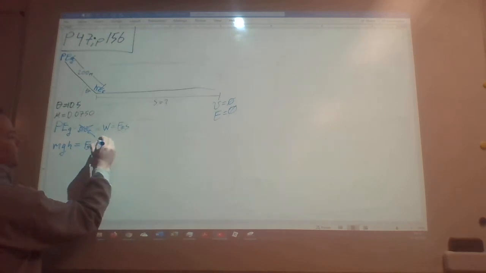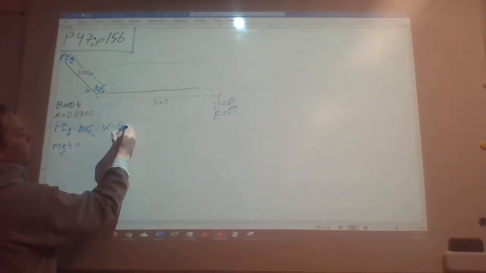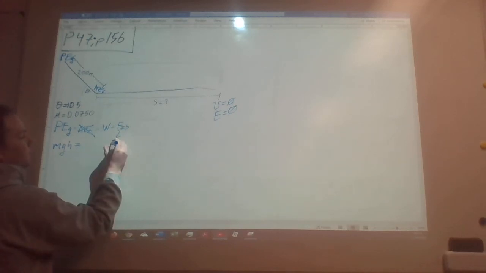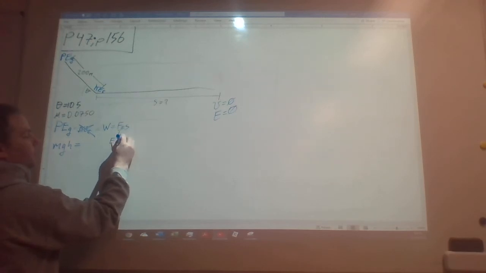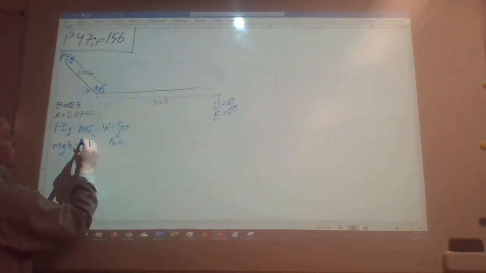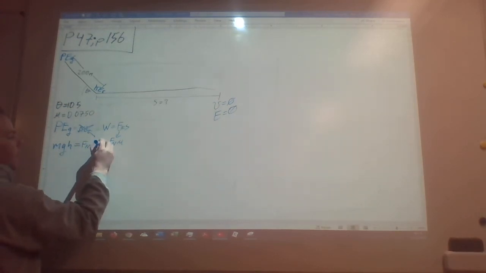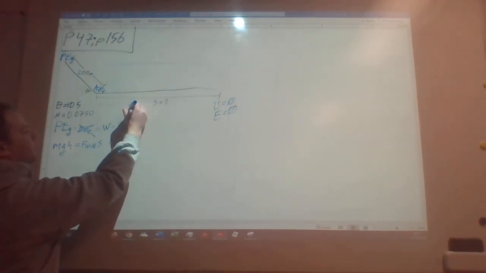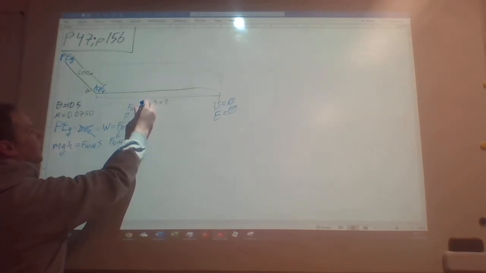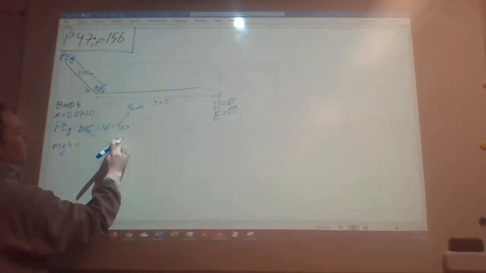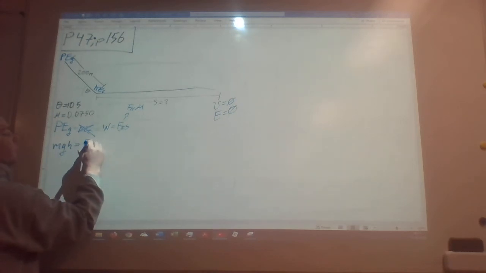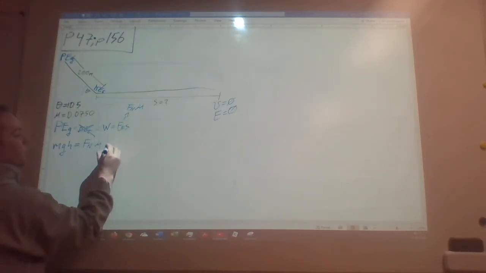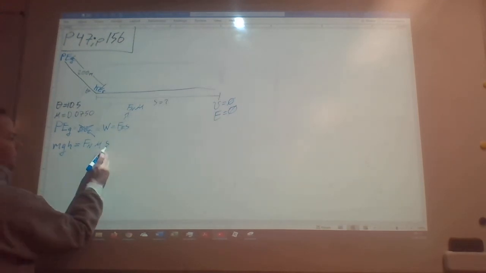And the force of friction, should have done this first. The force of friction will be equal to our normal force times the coefficient of friction. So then this equation will be Fn mu s. And I'm going to write this up here to clean that up a little bit. So Fn times mu times s, where s is what we're looking for.